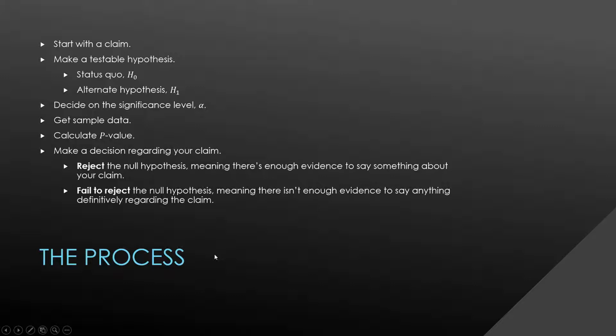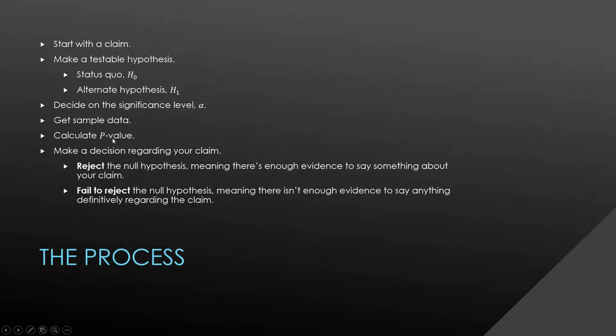That said, though, the process is unchanged. We're still going to start with our claim. We're going to use that claim to make our testable hypotheses, first with the status quo, the null hypothesis, and with the alternate hypothesis. We will decide on our significance level before we get too deep into it to avoid confirmation bias or negativity bias or just the fear of being wrong.